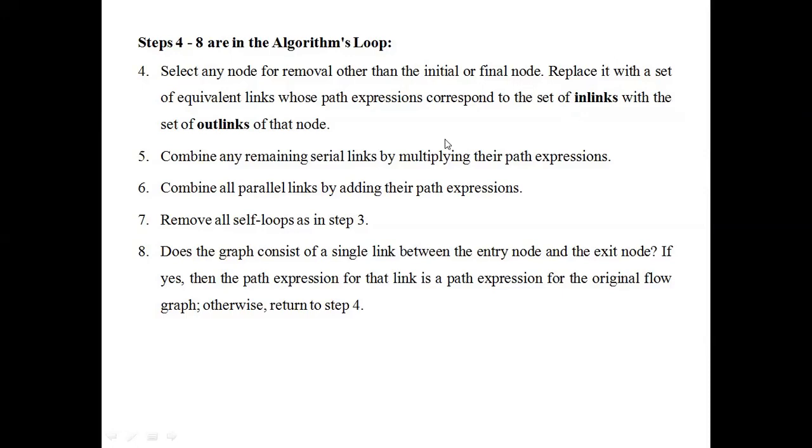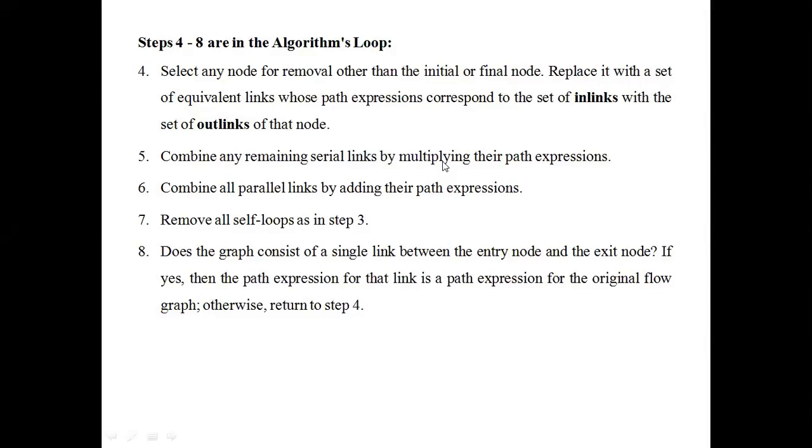Generally, the reduction procedure will start from the last node. So entry and exit nodes should not be taken for the reduction process initially. Select any node for removal other than the initial and final node. From the fourth step, after identifying the links, when the reduction starts, you can take any link randomly, but actually we will take the procedure from the last link to the first link.